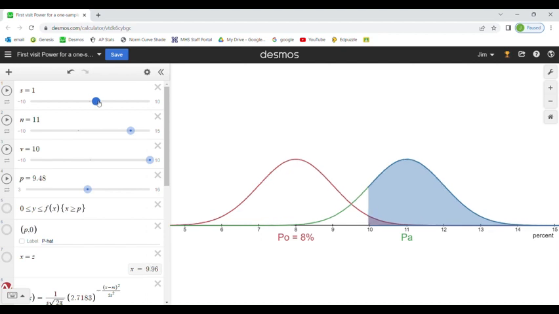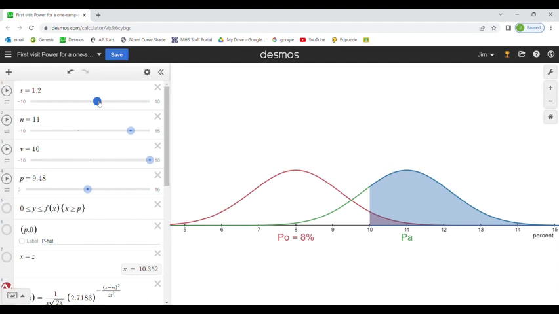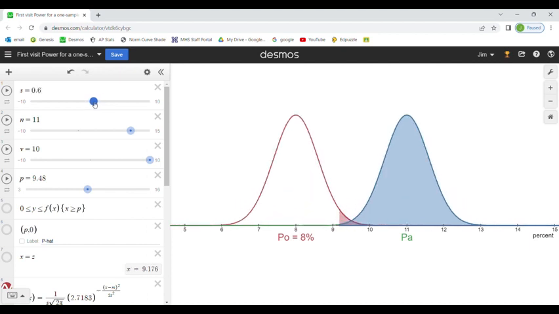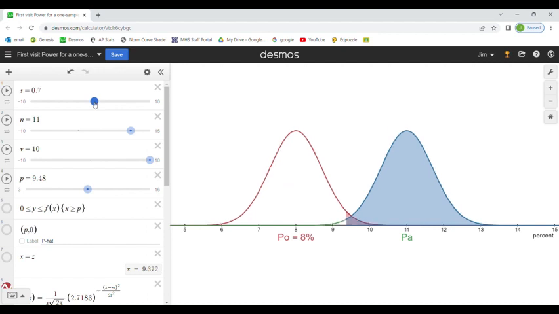Let's think about that blue region and what percent is underneath this sampling distribution centered at 11. As it gets narrower, notice more and more of that sampling distribution is blue.